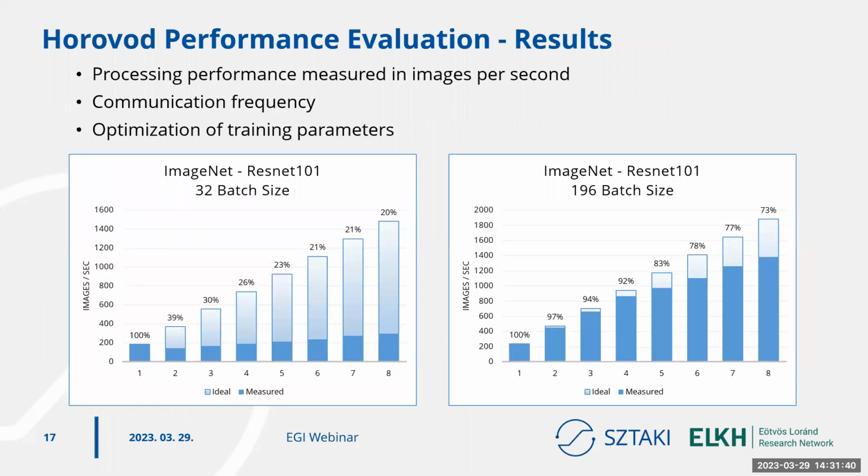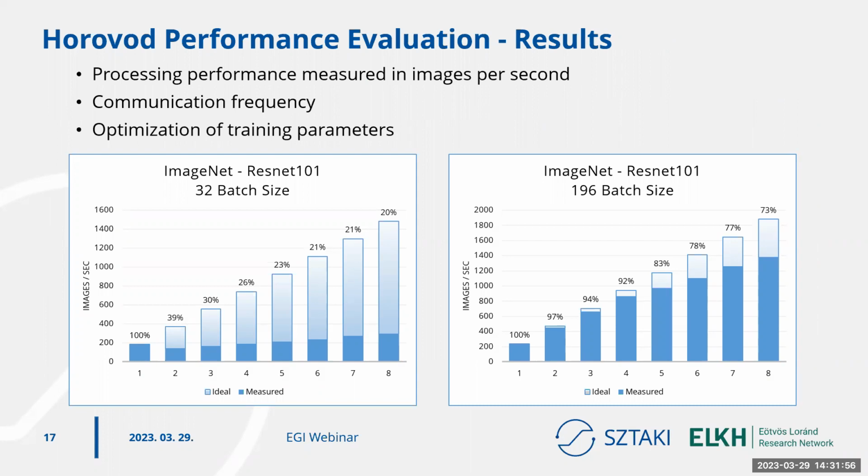As for the actual results, starting with the raw processing performance, here we performed the experiment scaling from 1 to 8 nodes, and we checked the results with 2 different batch sizes.